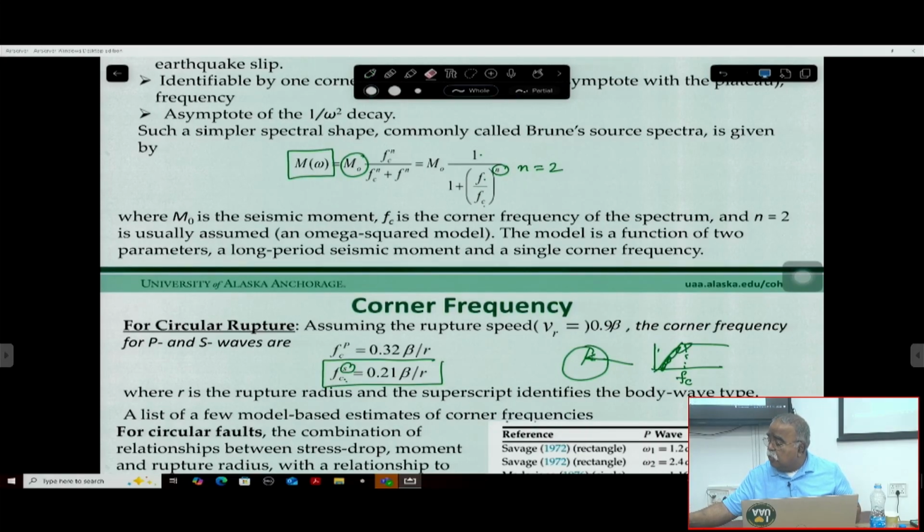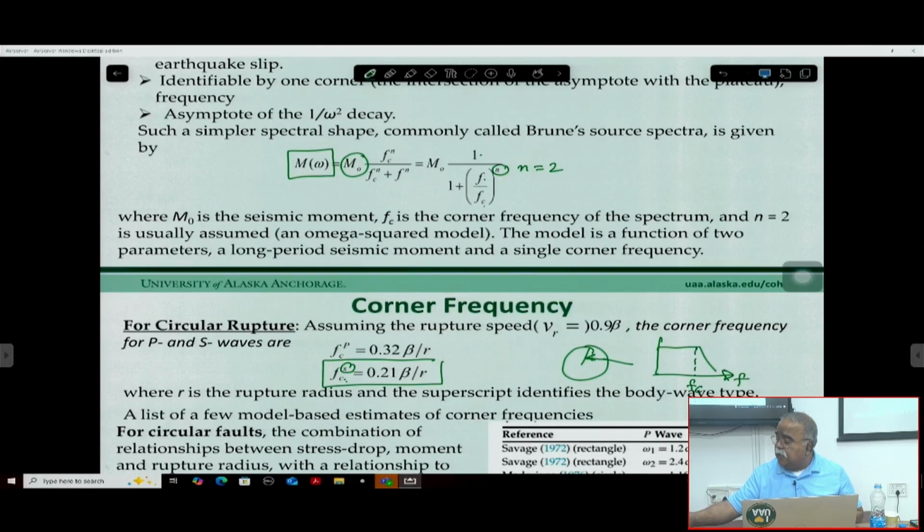If you can see your corner frequency very nicely in your displacement pulse, then you can put in that fc value, and you know the velocity beta is, say, suppose 3.4 kilometer per second.